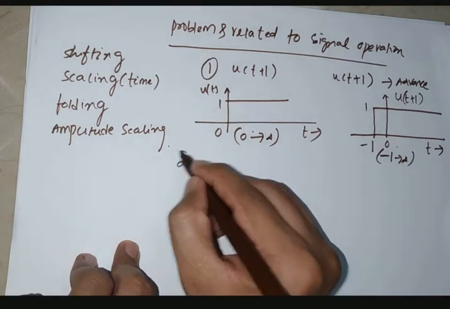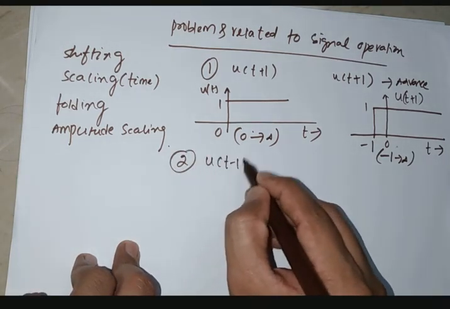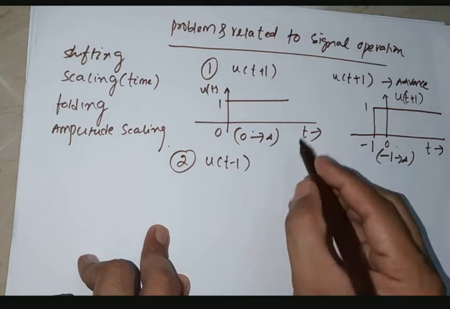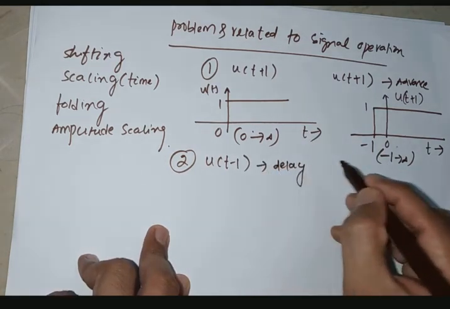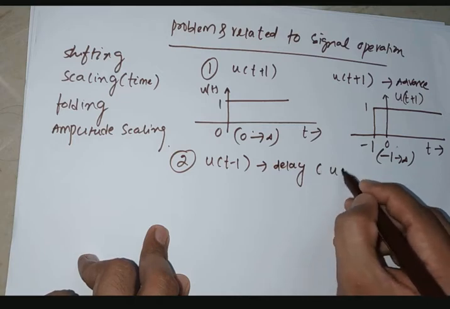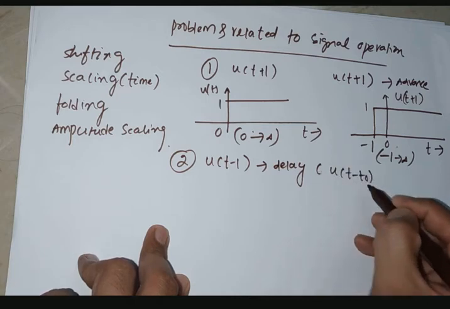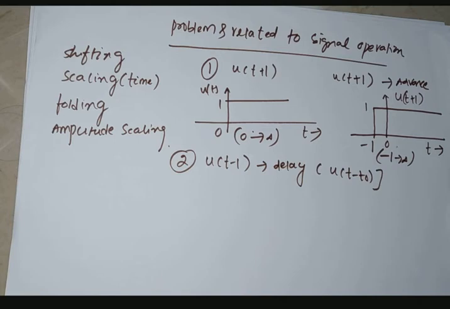If you take another problem, u of t minus 1, what type of operation is this? This is a delay operation, yes or no? It's similar to u of t minus t0. So what will you do for delay?